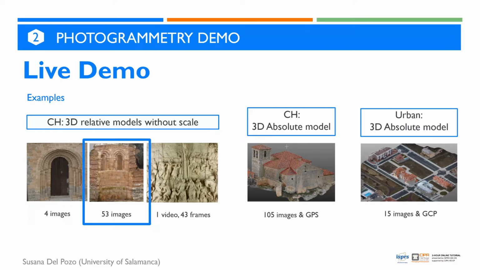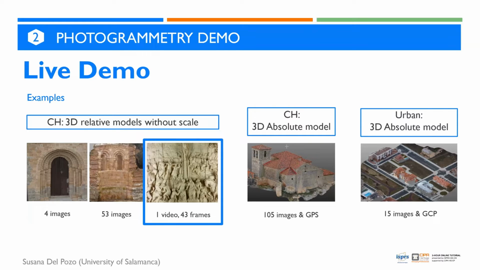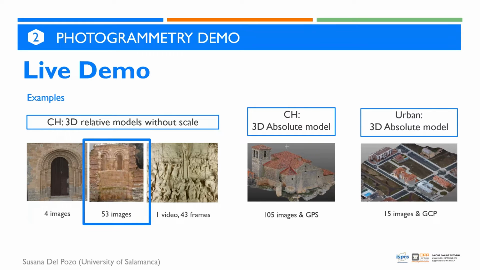The second one is the ruins of a church, and the third one is a kind of church altarpiece. In this case, it is from a video, and we process 43 frames. I didn't mention that in the previous case, there were 53 images, and in the first case, 4 images.